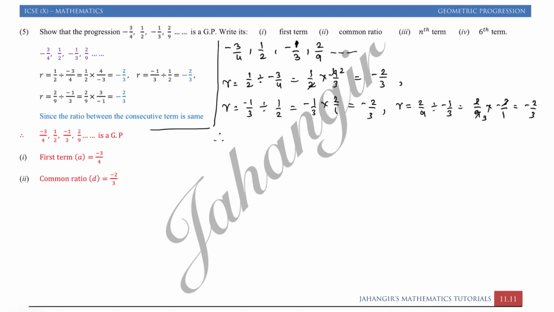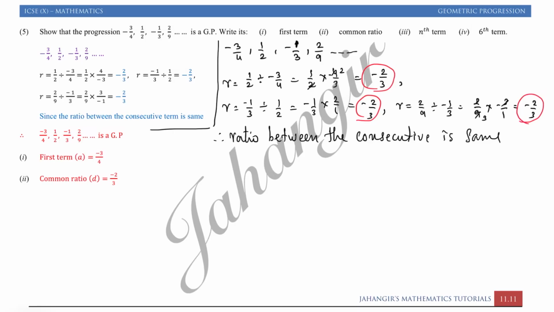So therefore we can say ratio between the consecutive terms is same. If you see the ratio in each case, first case we got minus 2 by 3, second case we got minus 2 by 3, and third case we got minus 2 by 3.